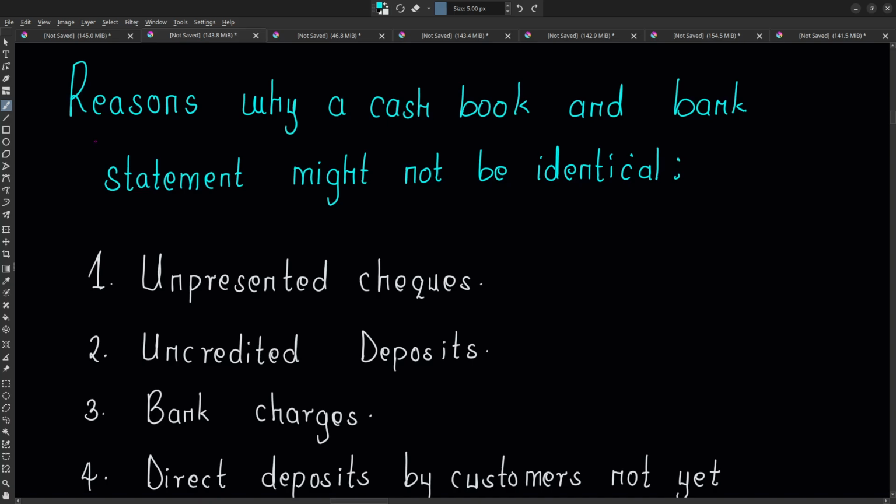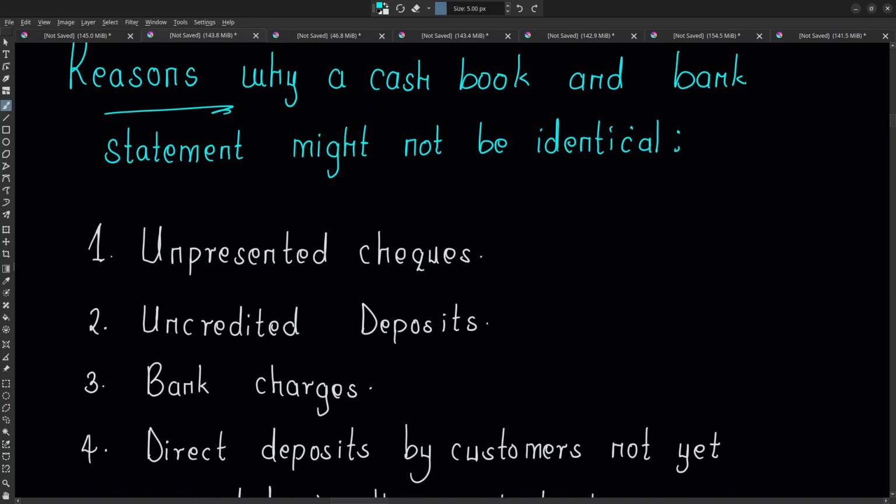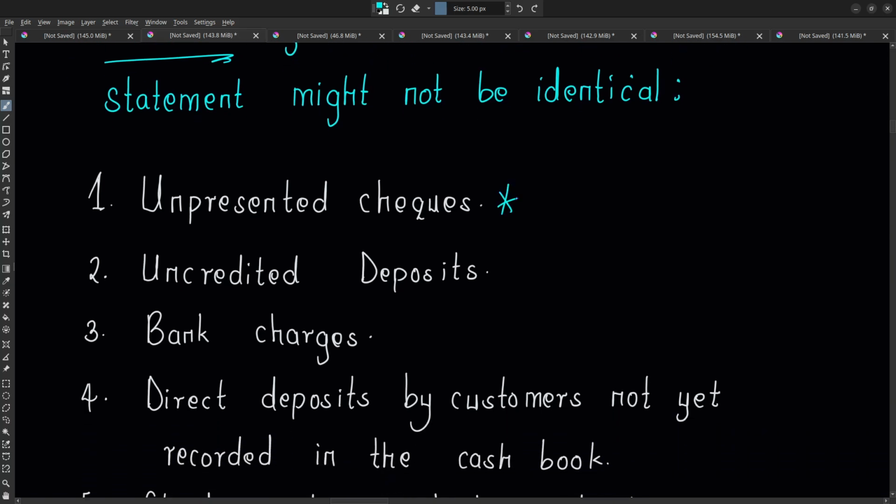So let us look first at the reasons why a cash book and a bank statement may not have the same balances, or may not have identical entries. What could cause these? One is unpresented checks. For example, if you are paying a certain payment to maybe your supplier, you write them a check.